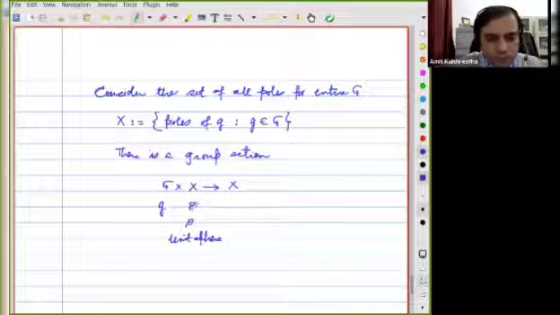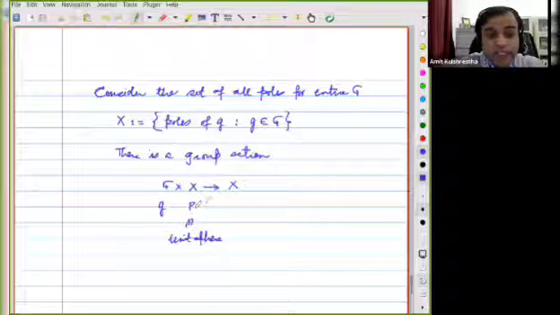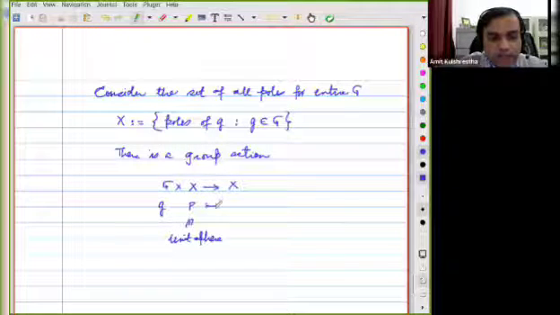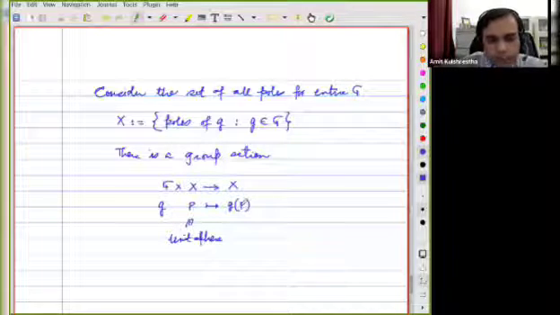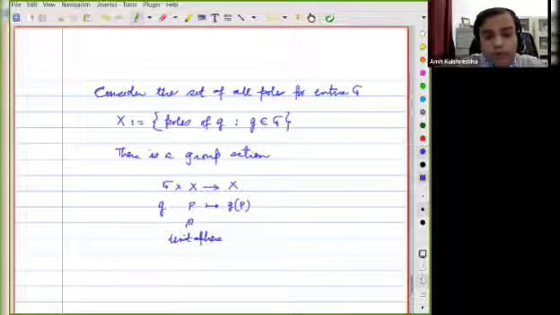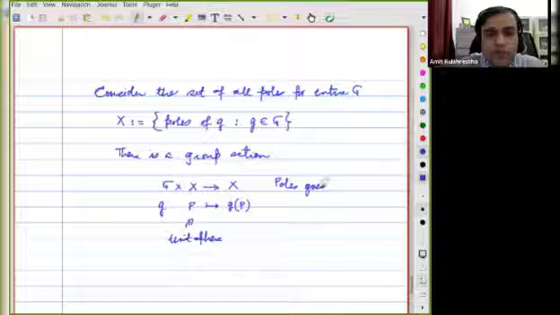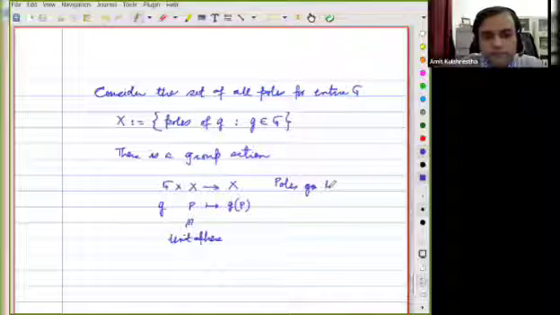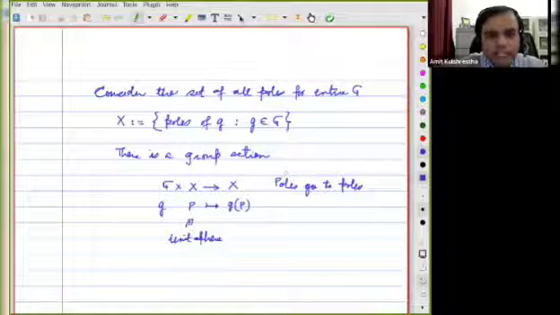So if it is a pole of this G, it will not be moved, but if it is a pole of some other element, it will be moved. Nevertheless, if you consider GP, meaning after rotating this pole with G, it goes somewhere. The point is that it goes to a pole. Poles go to poles. And that is an action.